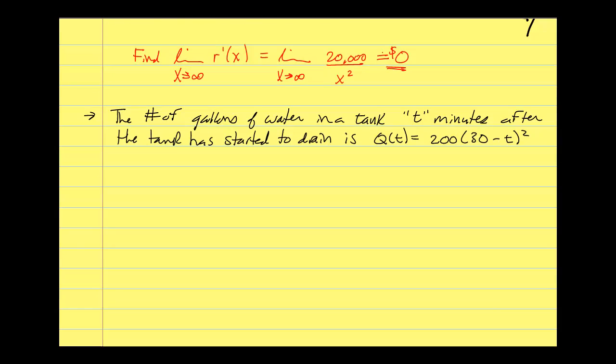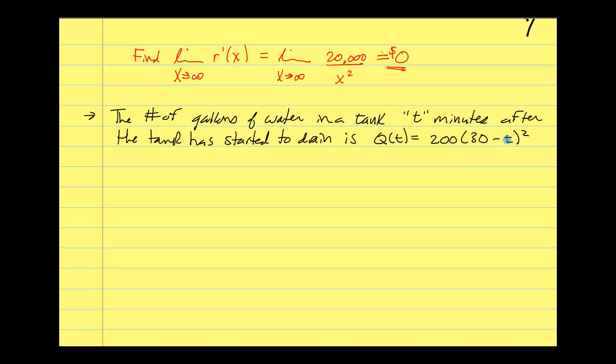Okay, so the tank has started to drain, and after t minutes I can plug in my value of t. Let's say after 1 minute, I could plug in 1 here. 30 minus 1 is 29 squared times 200, and that would give me an idea of how many gallons were left in the tank.